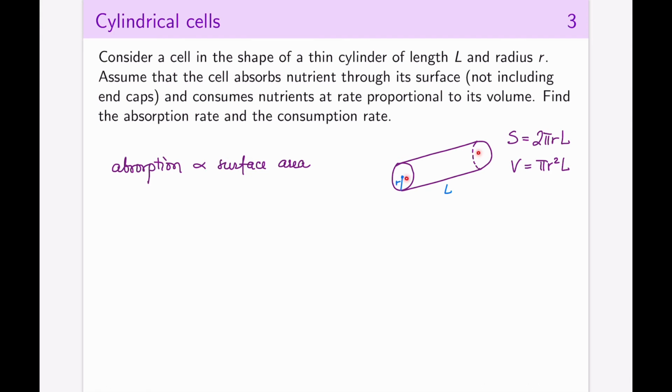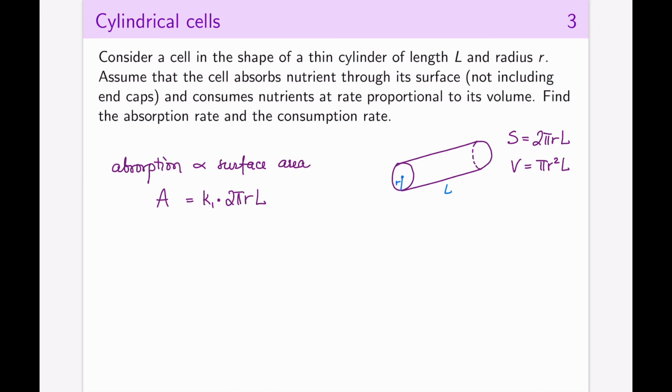If we were to include end caps, we would have to add pi r squared twice for the two circles on the ends of the cylinder to this particular expression, but we're not actually interested in that now. So absorption is equal to some proportionality constant times the surface area, which is 2 pi RL.